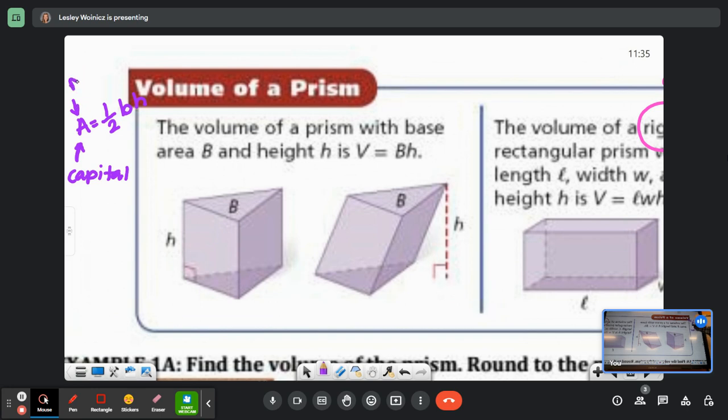Well, duh, right? It's literally an area formula. Okay, do you see that the B and the H are lowercase? These are lowercase.